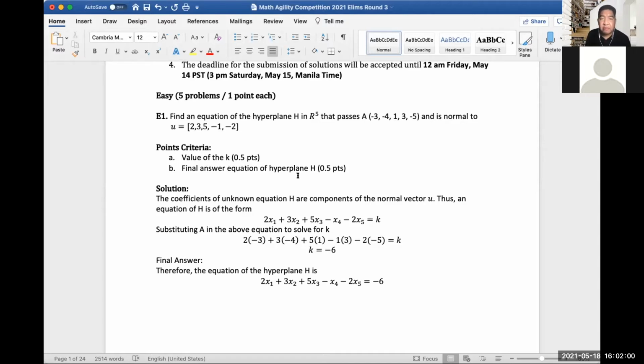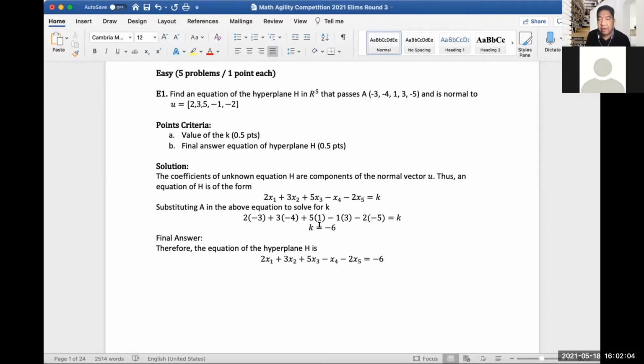So the coefficients of the unknown equation H are, of course, the components of the normal vector U. Thus, the equation of H is in the form 2x1 plus 3x2 plus 5x3 minus x4 minus 2x5, which would be equivalent to k.